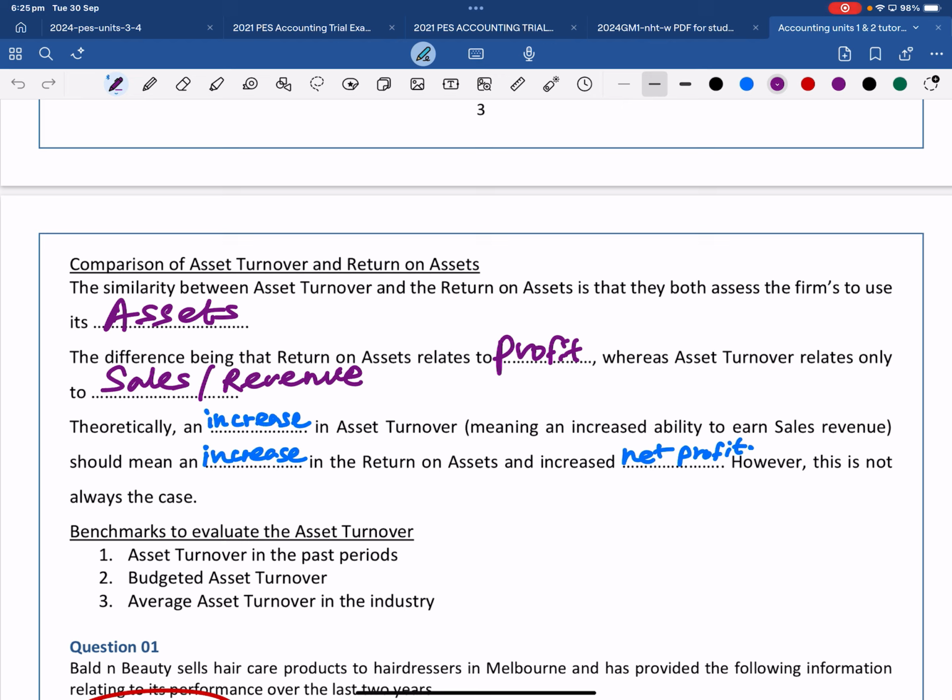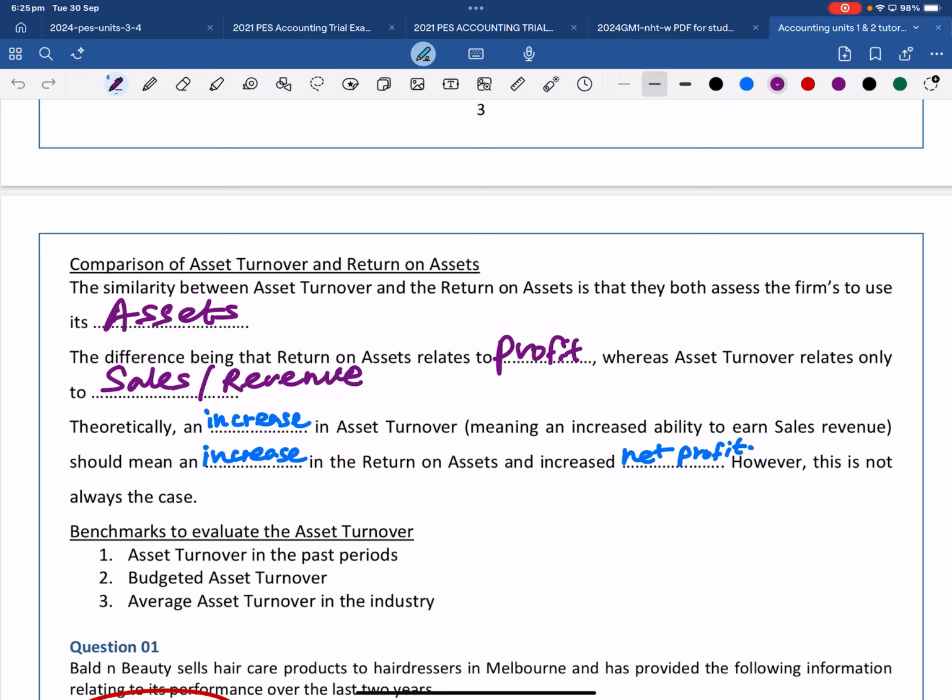Why? Because maybe we are increasing our net sales by a lower markup. We have dropped our selling price, so as a result, on average we are generating less profit, and our profitability is dropping. Otherwise, compared to the increase in sales, our other expenses are also increasing.